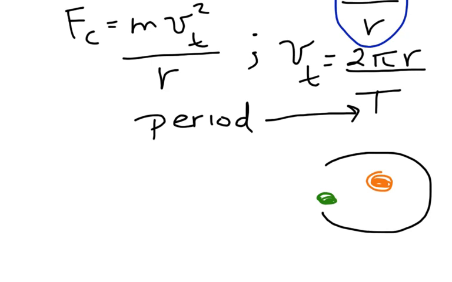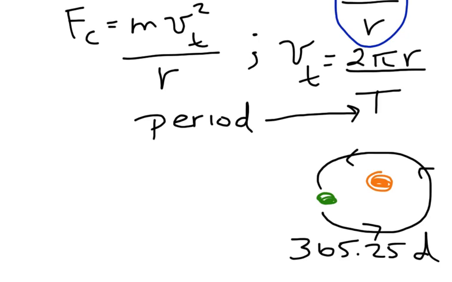And my question to you is, what is the period of the Earth as it revolves around the sun? What is the time it takes for the Earth to make one whole revolution? And the answer to that is, of course, 365.25 days. That is the period for the Earth to revolve around the sun.